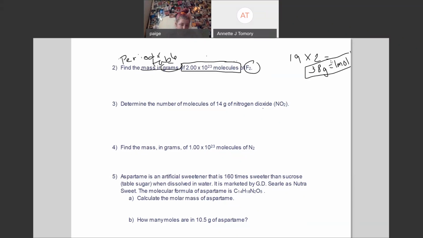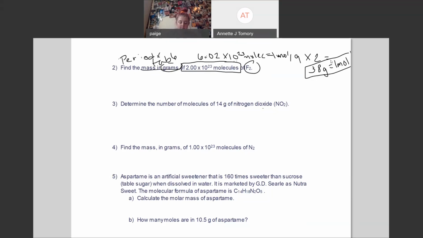Everything goes to moles, but what's the number for molecules? 6.02 times 10 to the 23rd. Okay. That's my other conversion factor, as sloppy as that is.